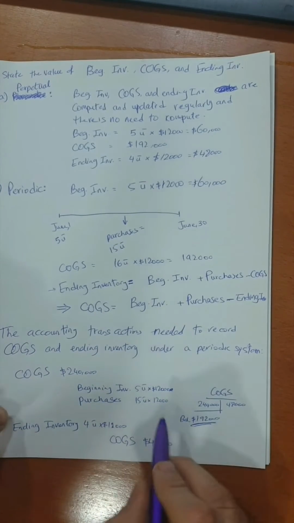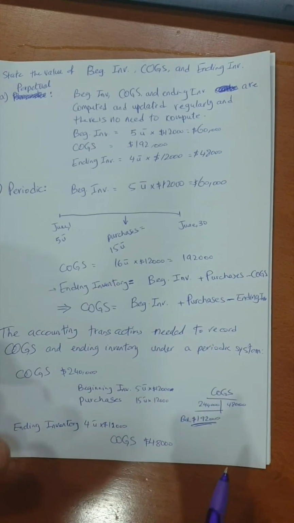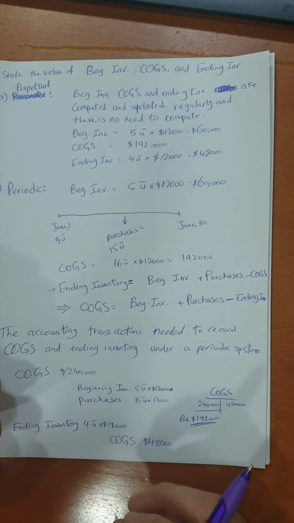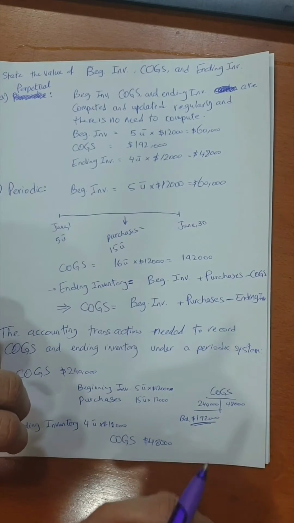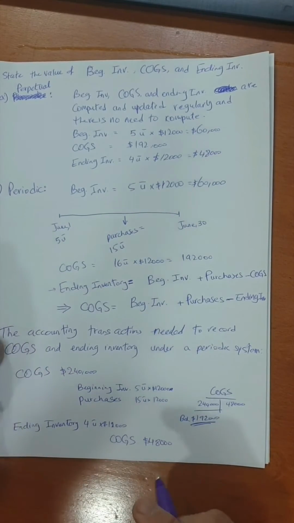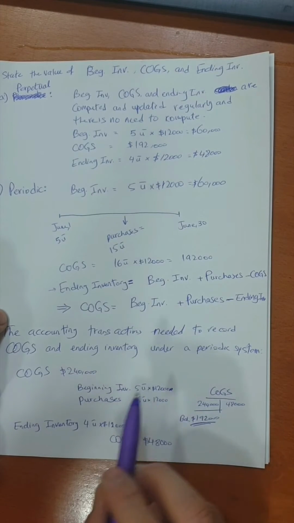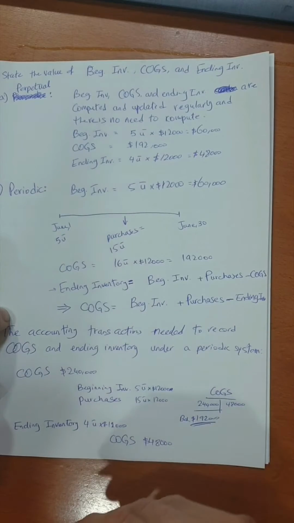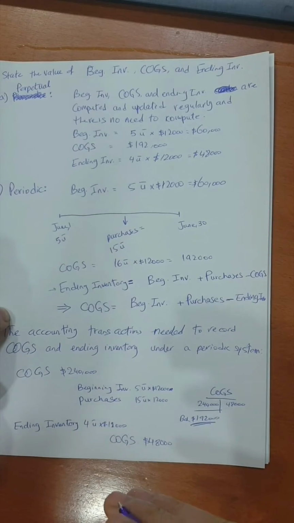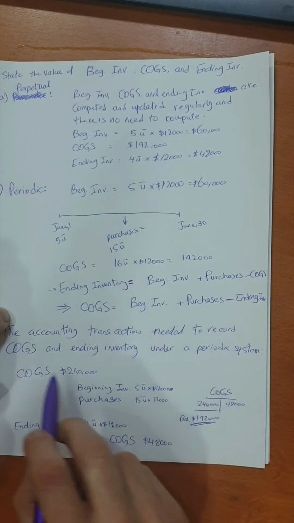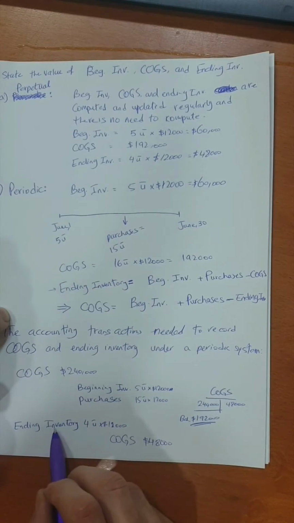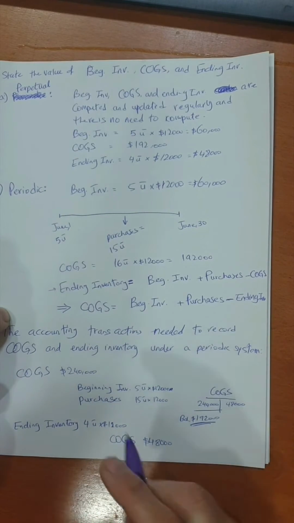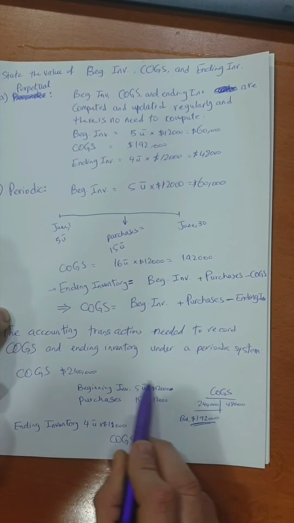Okay, so the periodic thing is more slow, it's manual, it needs an understanding of how inventory works, the flow of inventory, but all you need to know is that the last accounting transaction or entry you need to make in order to compute cost of goods sold and ending inventory in terms of accounting is to sell everything that you had.